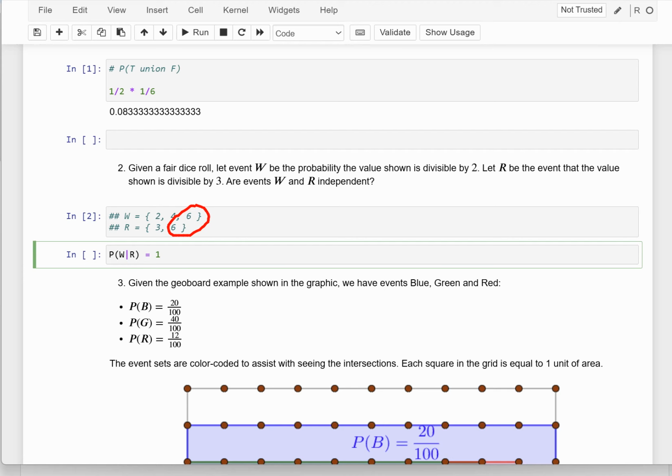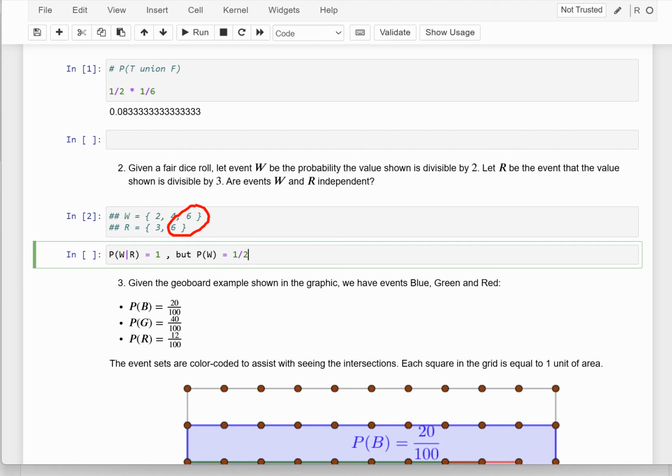Because it can either be, we know that it's either a 3 or a 6, but there's only one outcome in R, right? Excuse me, in W. That's also in R, right? But the probability of W is 1/2.